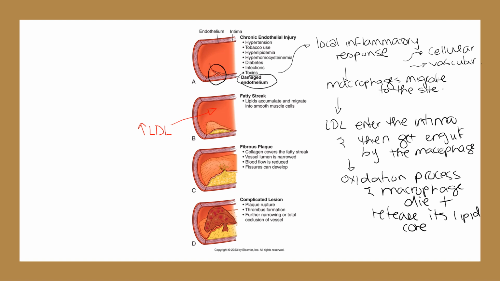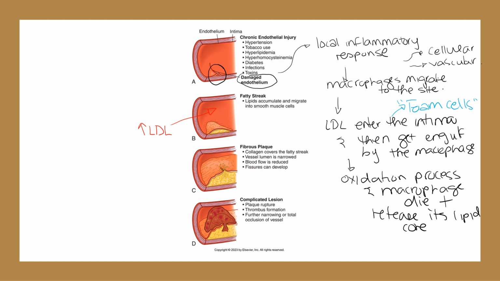Now, when LDL gets engulfed by the macrophage, we call these foam cells. So these guys are called foam cells. Like I said, they look kind of whitish or yellowish.